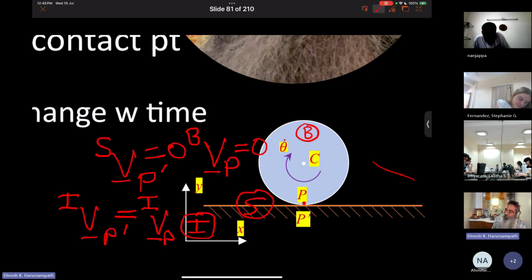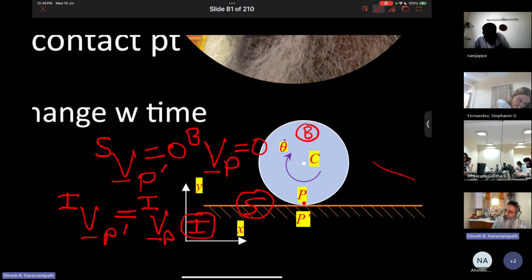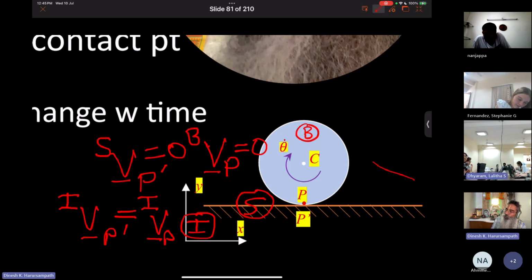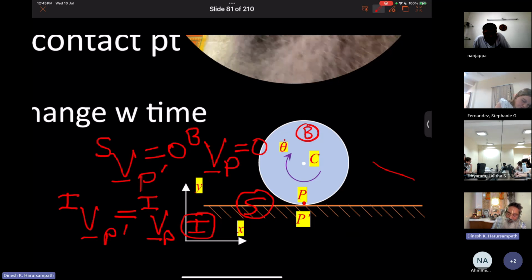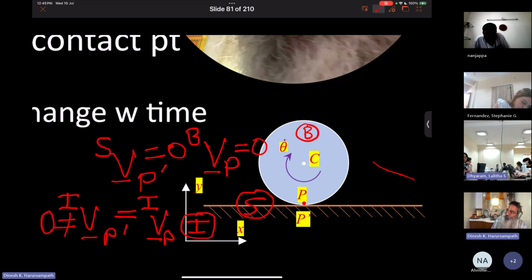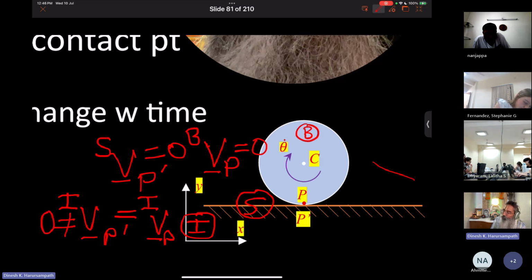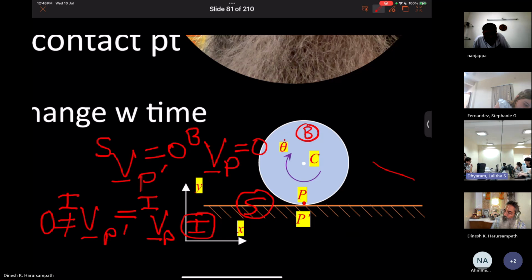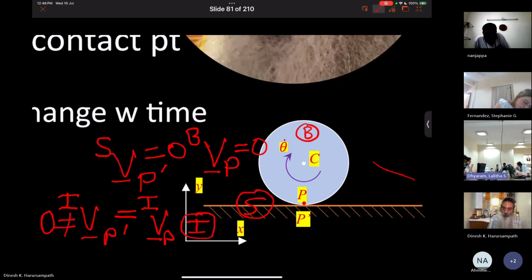In other words, there's no relative velocity between them. P is not moving with respect to P prime, and P prime is not moving with respect to P. But in general, both of them could be non-zero, and in fact they are, because this is moving around. Thank you.